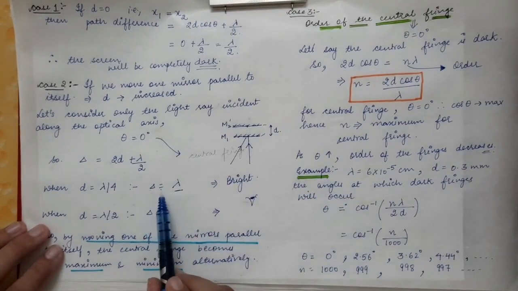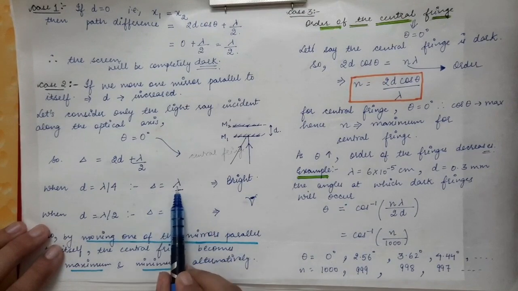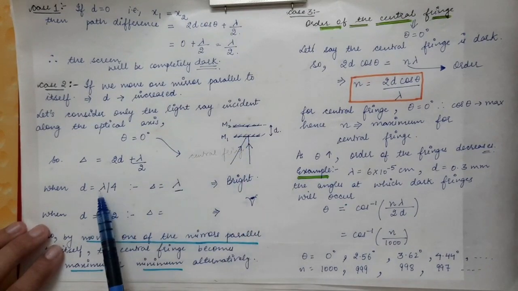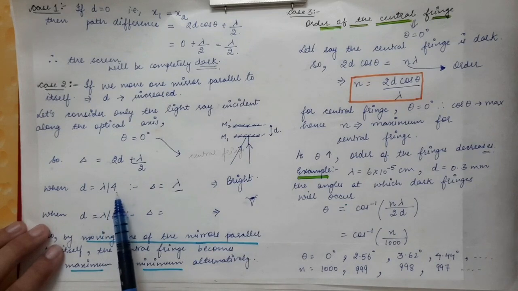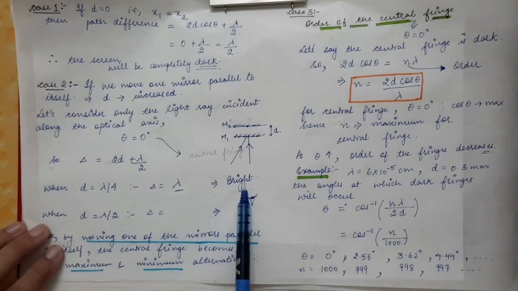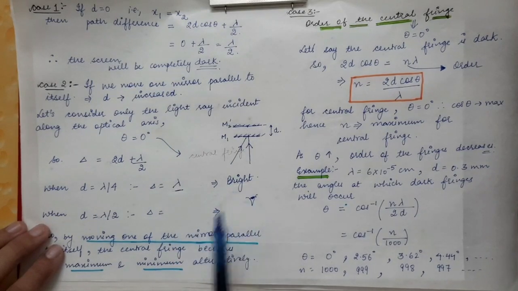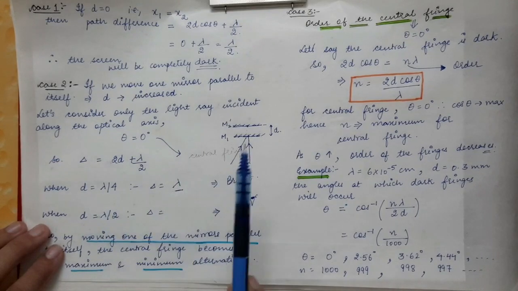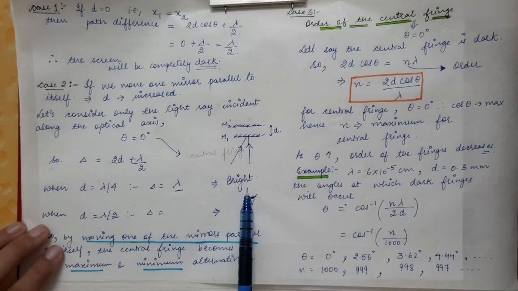The path difference has come out to be equal to lambda when the distance between these mirrors is set at lambda by 4. When the path difference is equal to lambda, we observe constructive interference, that is a bright fringe. So when d is equal to lambda by 4, the central fringe will be a bright fringe.